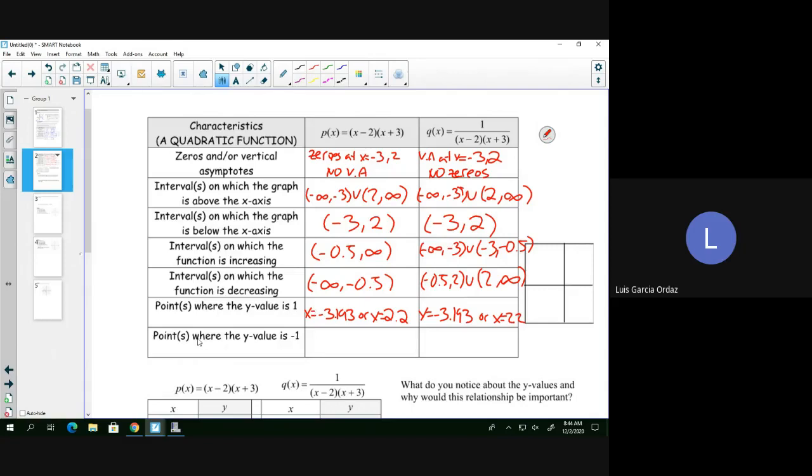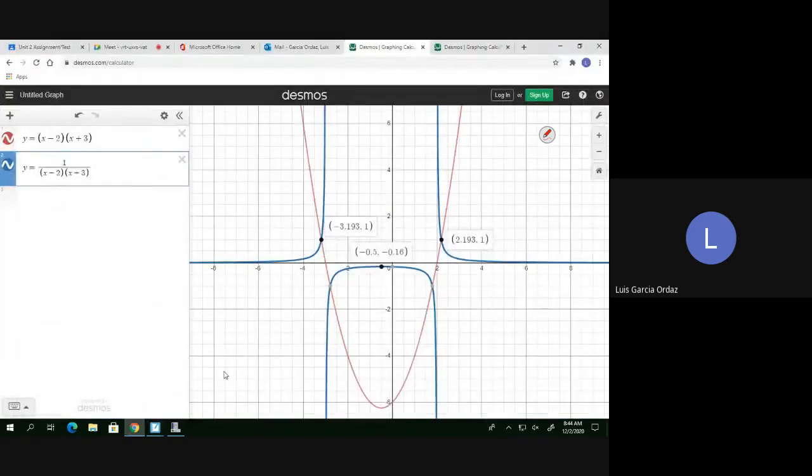All right, and the last question is, where is the y value negative 1?